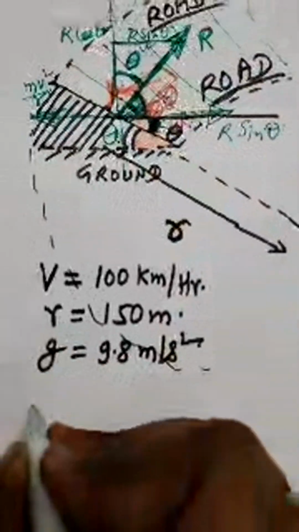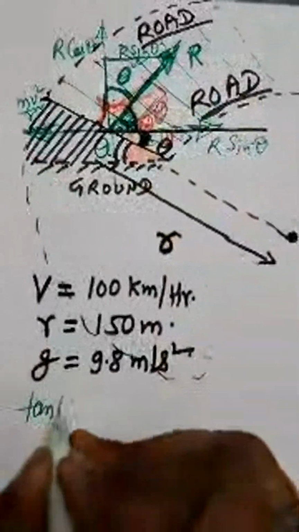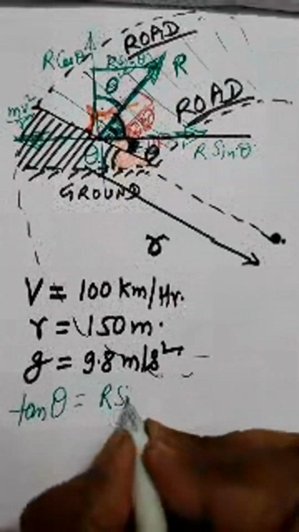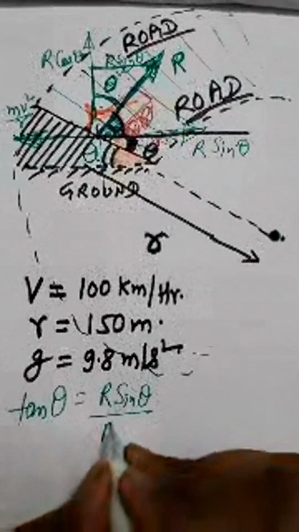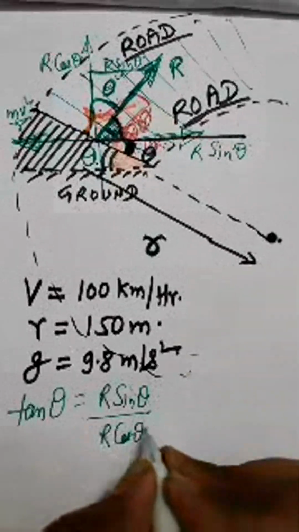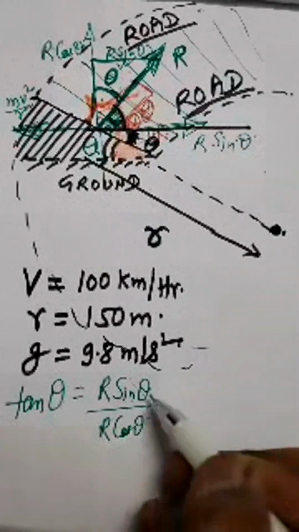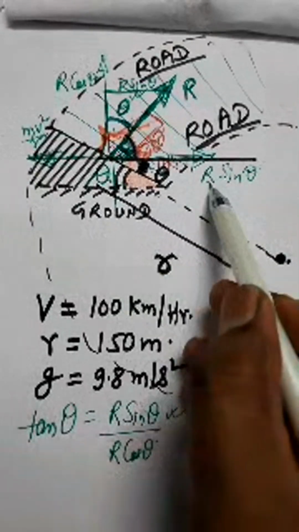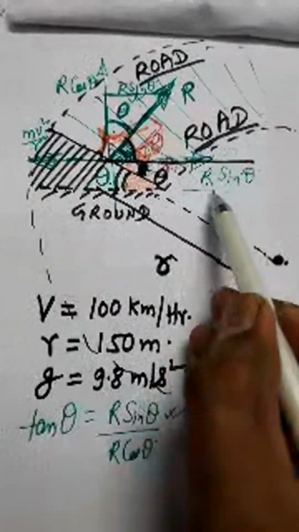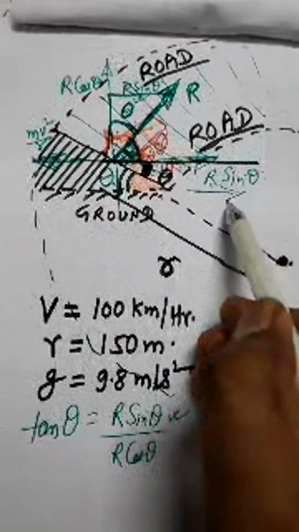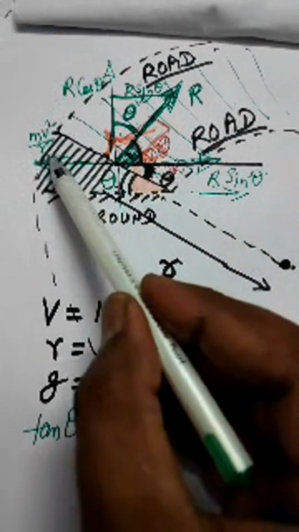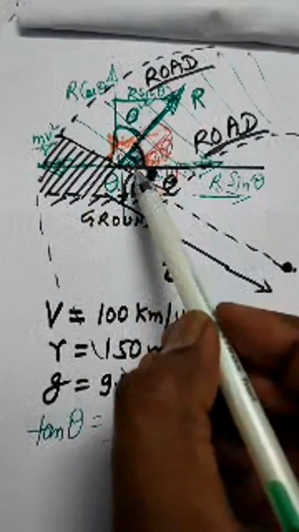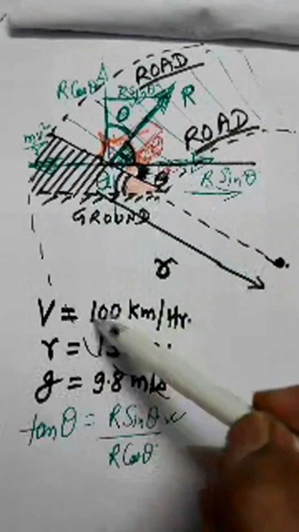So let us write it. Tan theta is equal to R sin theta by R cos theta, right? And what is the value of R sin theta? R sin theta is the horizontal force acting inward, and this is compensated by this mv square by r, the force exerted on this car due to movement in this circular motion.